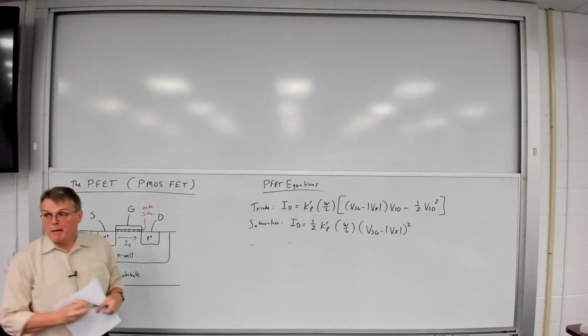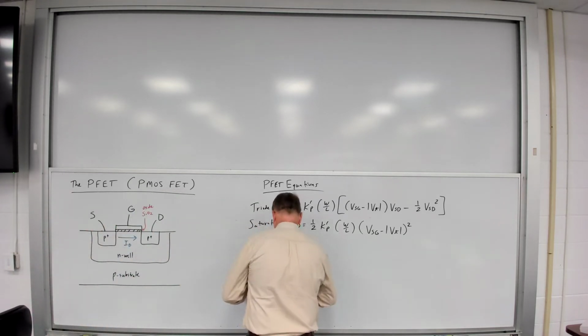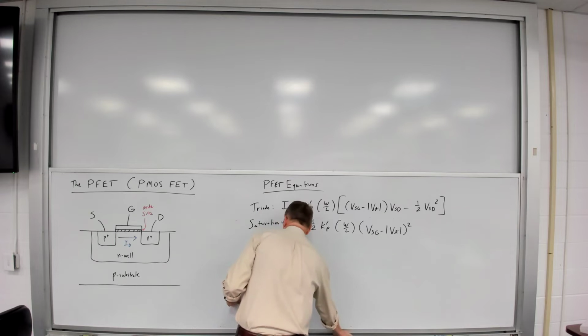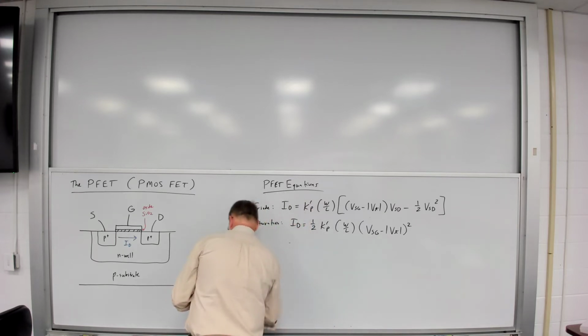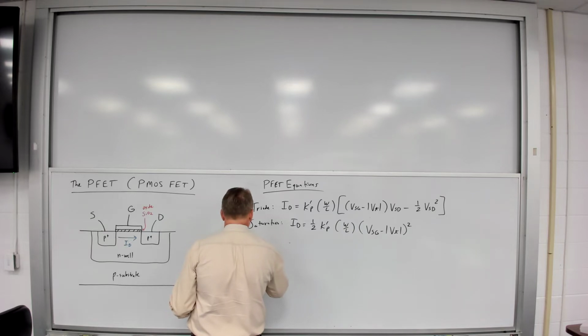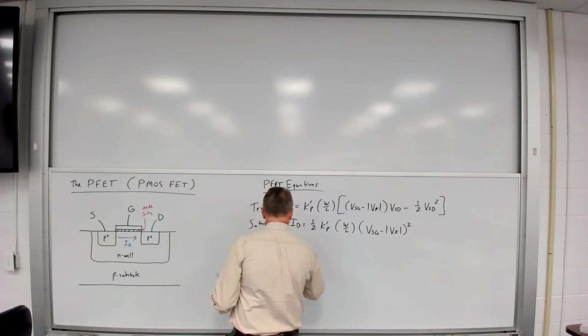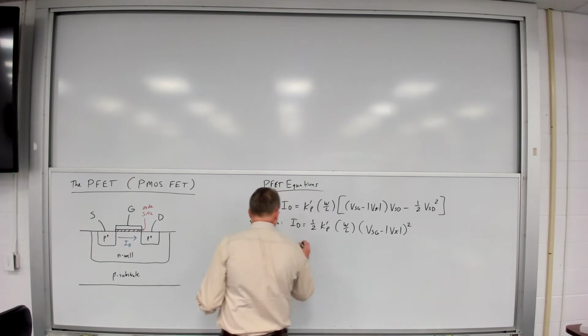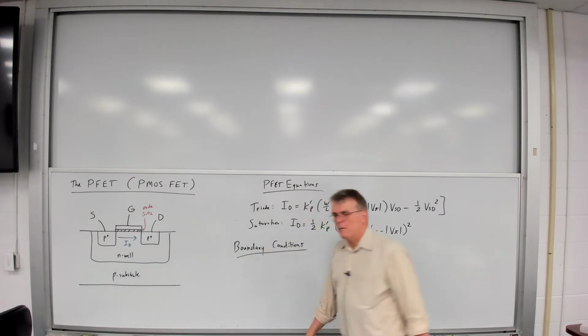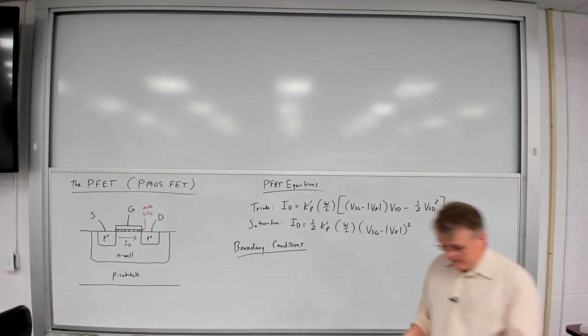All right, what are our boundary conditions for this? Well, let's go ahead and write our boundary conditions. I actually want to compare both the NFET and the PFET boundary conditions.